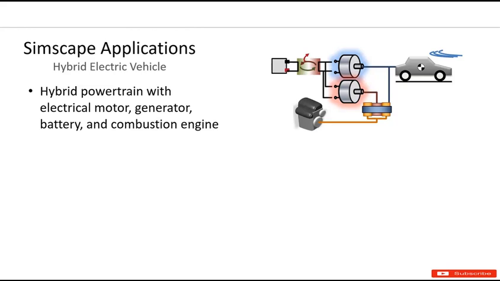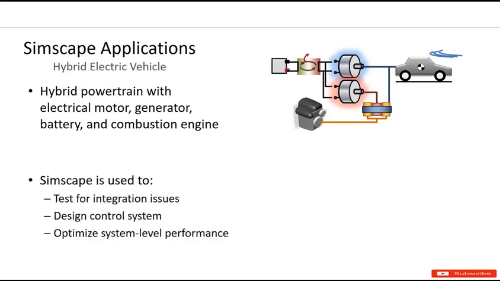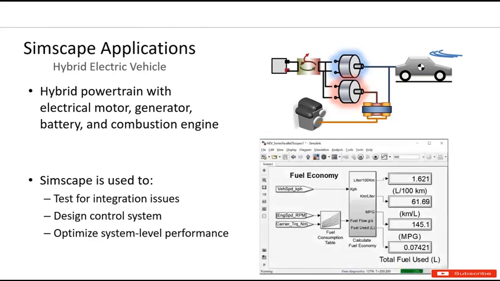Basically you can model the whole powertrain system that contains the electric motors, the generator, batteries, and the combustion engines. You can also design the control system for your model within Simscape.